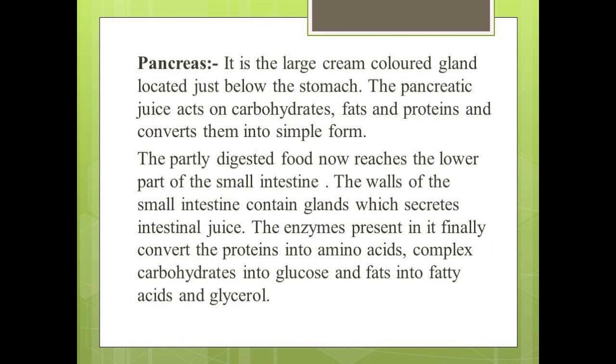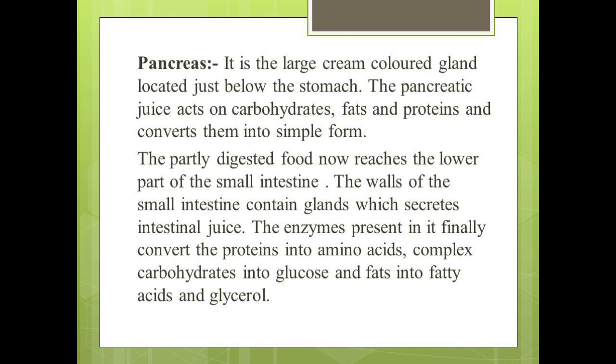Pancreas. It is a large cream-colored gland located just below the stomach. The pancreatic juice acts on carbohydrates, fats and proteins and converts them into simple form. The partly digested food now reaches the lower part of the small intestine.